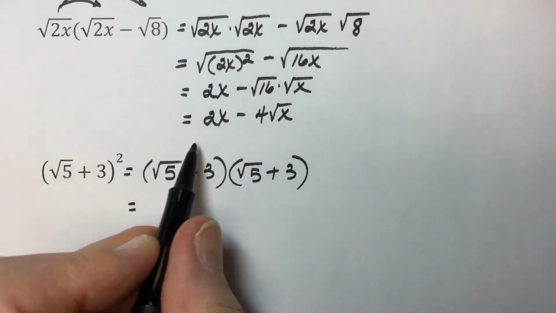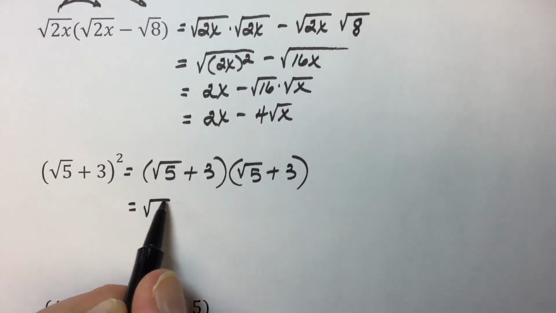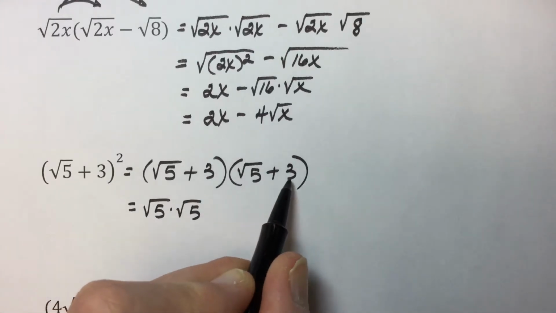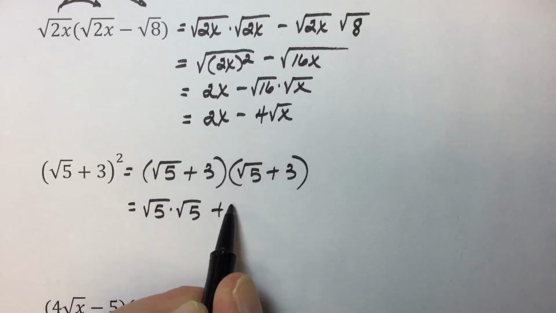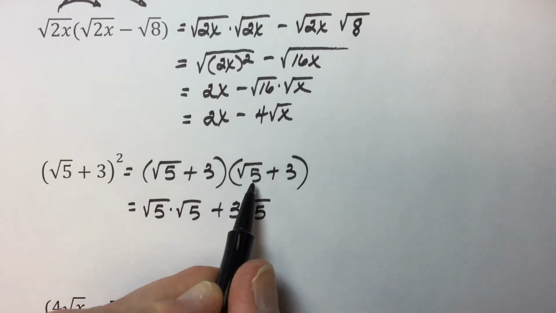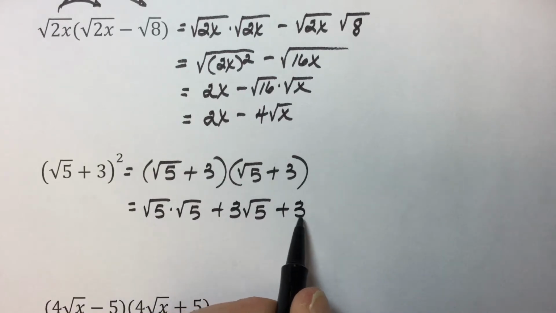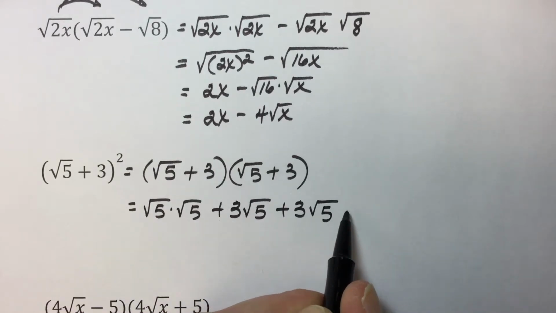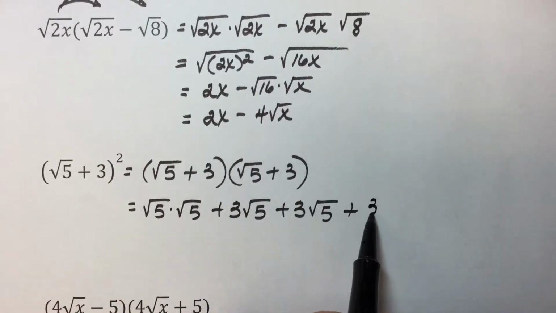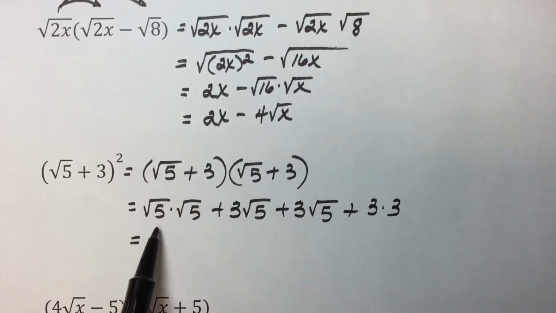First terms of each binomial multiplied together result in square root of 5 times square root of 5. The outer terms will be a positive 3 times the square root of 5. Inner terms multiplied together is also a positive 3 times the square root of 5. And last terms, a positive 3 times a positive 3.